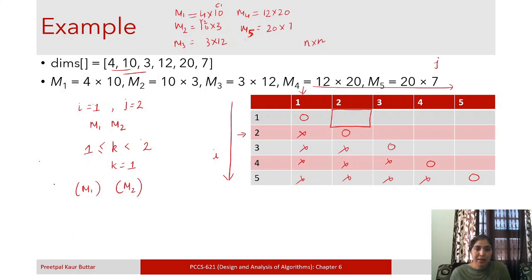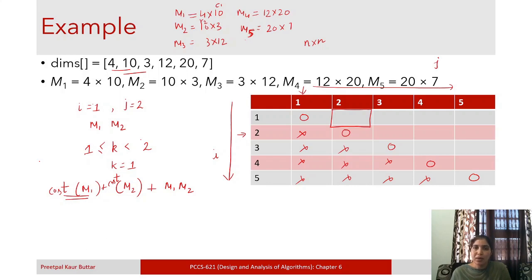It means that we will add together the cost of multiplying M1 plus the cost of multiplying matrix M2 plus the cost of multiplying the matrices M1 and M2. What is the cost of matrix M1? We are not multiplying, it is only M1.